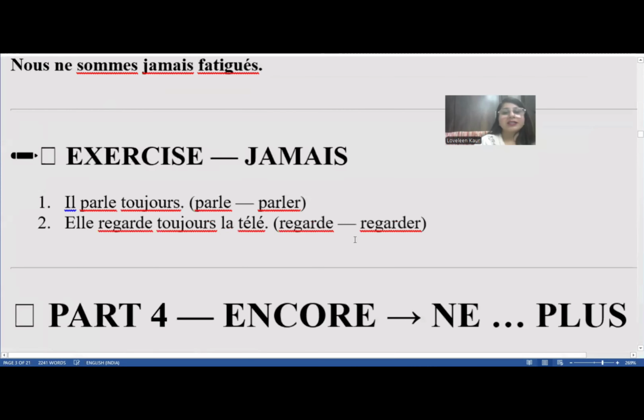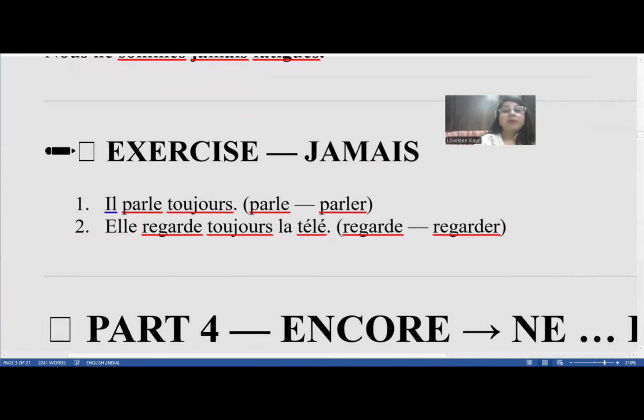Now let's see the next one. Let's practice. If I say il parle toujours, he always speaks, I'll make it negative, super easy: il ne parle jamais. Bas, il ne parle jamais.